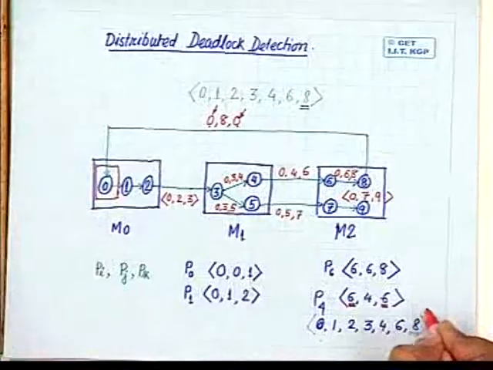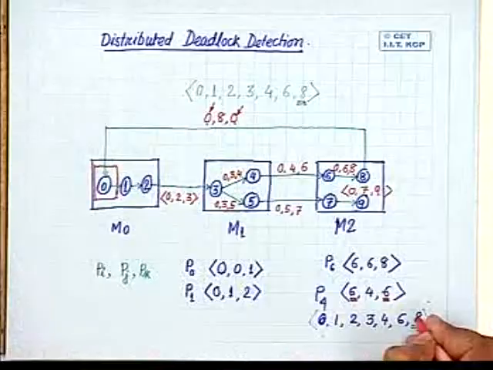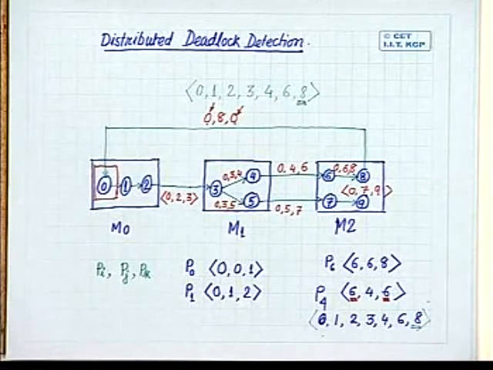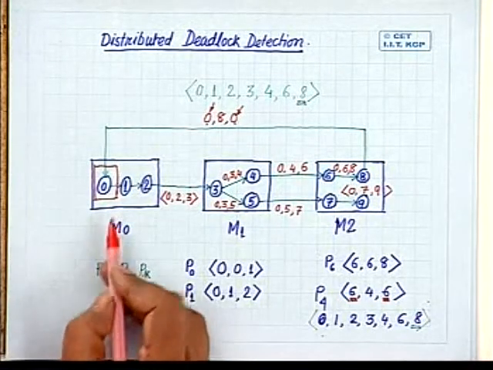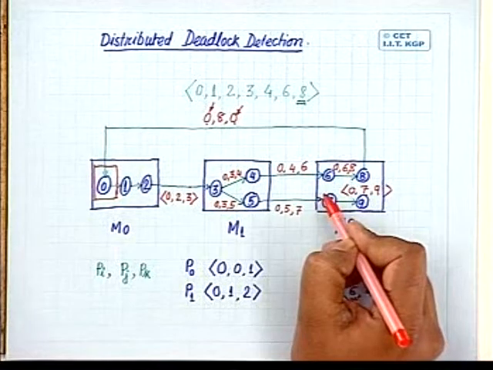Because the maximum numbered process will be unique. And every process, on finding out that there is a deadlock and the process is involved in the deadlock, will request another process having the highest identification number to be killed. Now the 0th process will not kill itself, or the 6th process, process P6, will not kill itself.